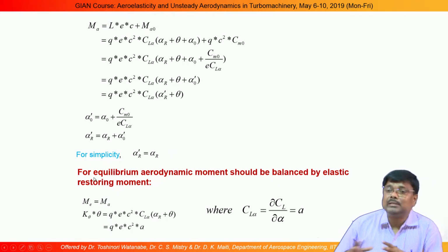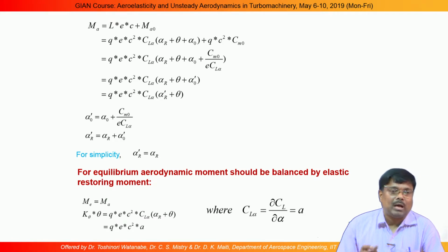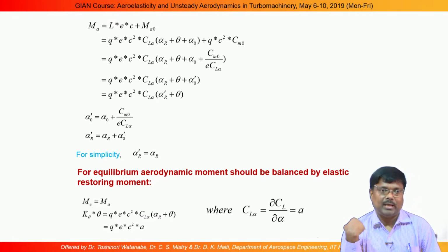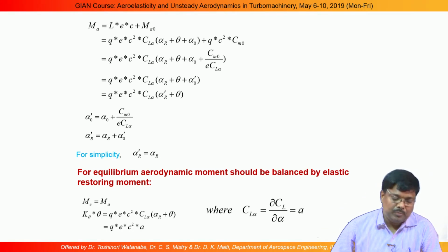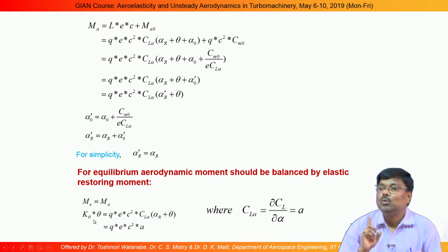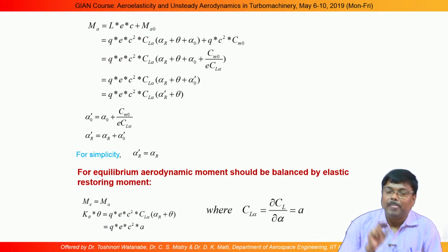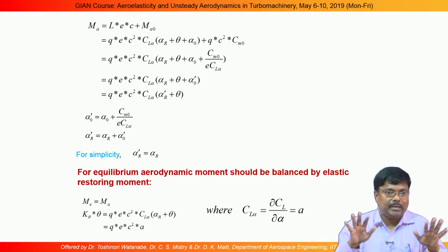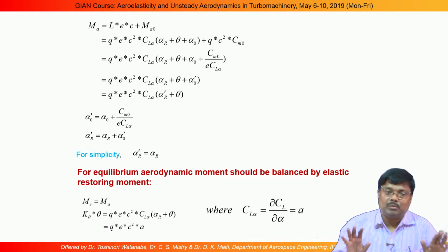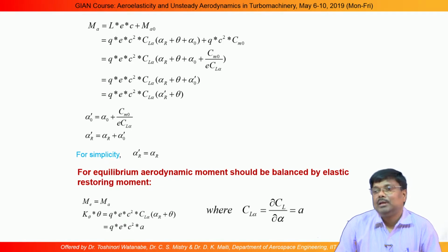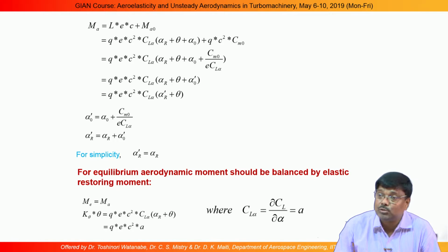And from the structural point of view, lift is trying to rotate in this direction, and the structural stiffness will try to restore it back. The structural moment will be k theta into theta, acting opposite to that. Alpha r is for the rigid angle of attack, the angle of attack for the whole aircraft, but due to the flexibility of the structure, whatever additional moment comes will be restored by this elastic stiffness.